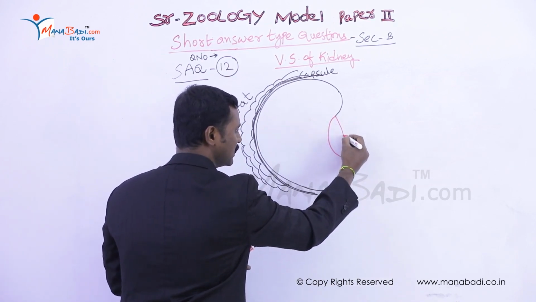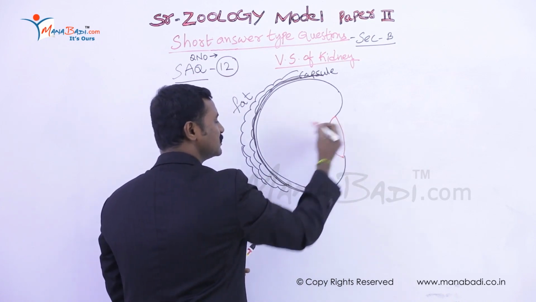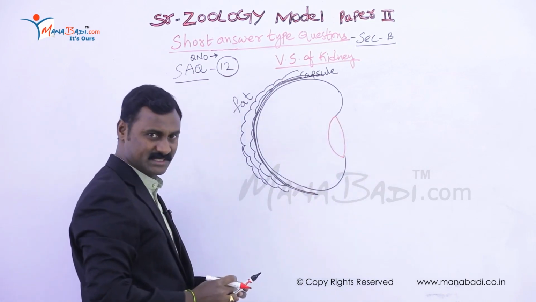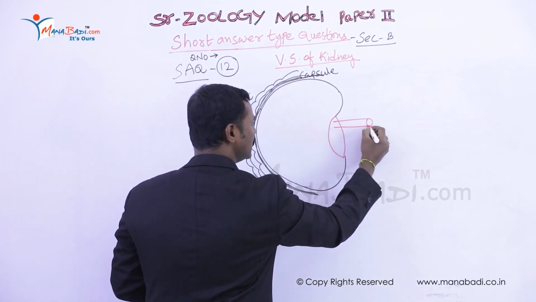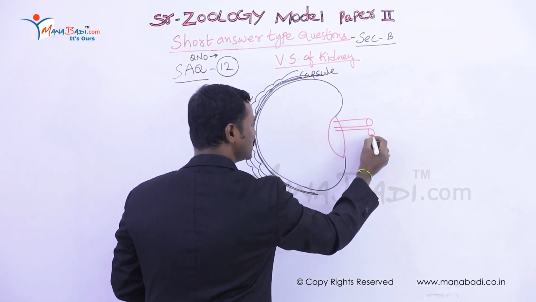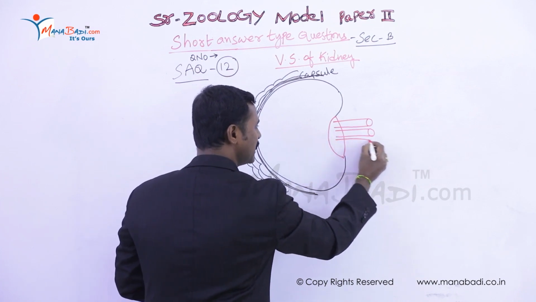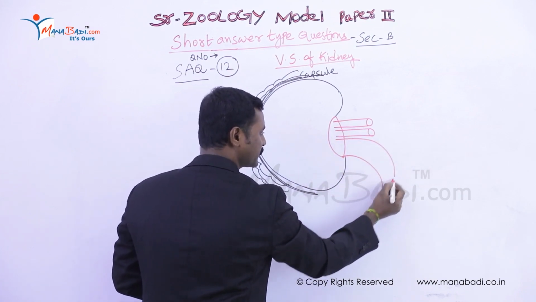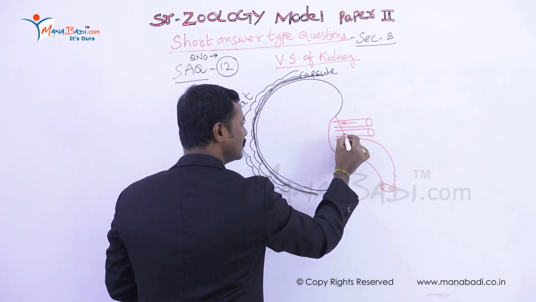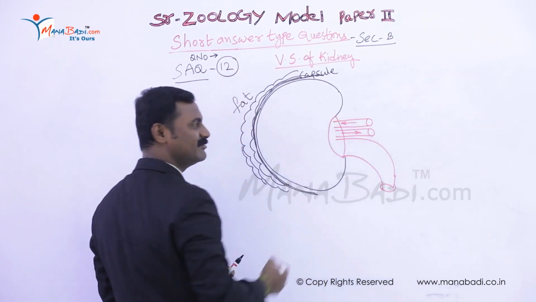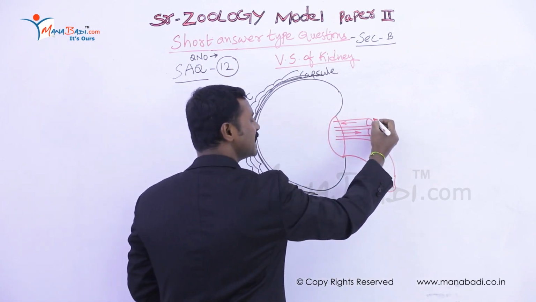And in this particular area, you can see the notch. Notch means, it is a bean shaped structure, so you can see a depth. In this depth, especially 3 main pipes you are observing. What are the 3 main pipes? Let us see now. One is useful for entry of blood, one is useful for exit of blood. What is entry?